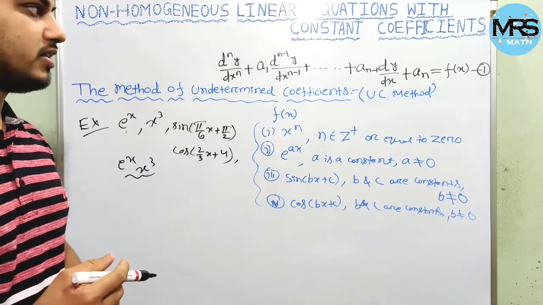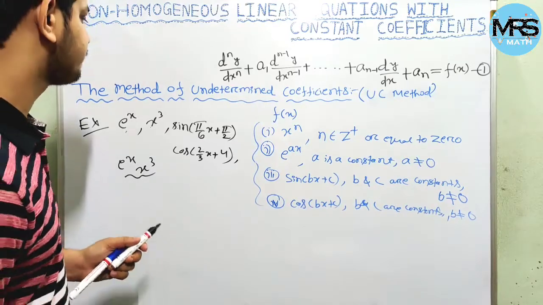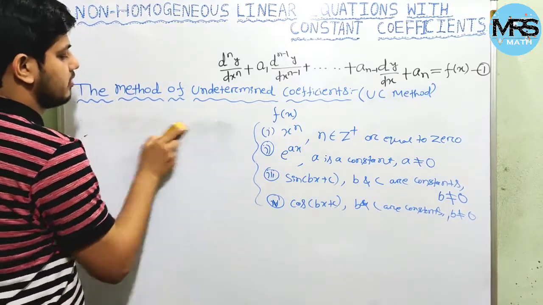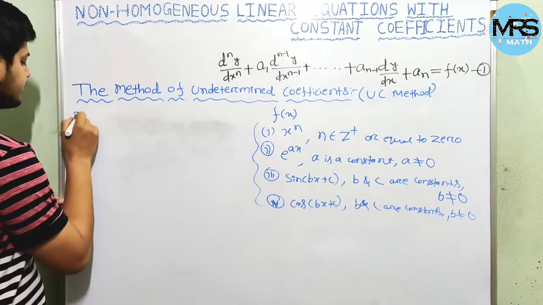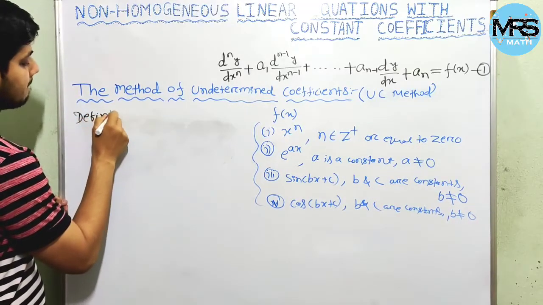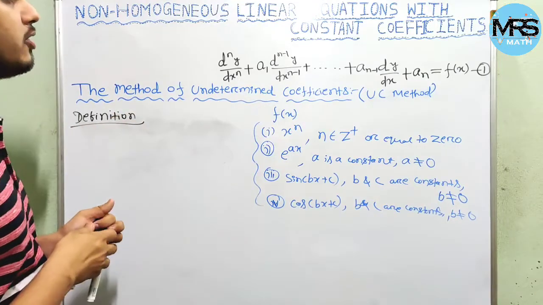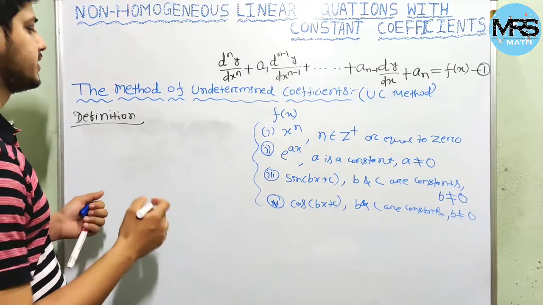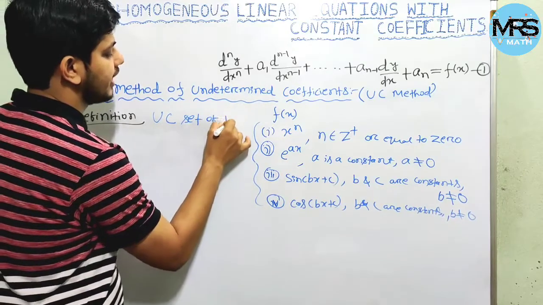Now we will proceed to another definition, which you can write down: the undetermined coefficient set of an undetermined coefficient function, or the UC set of f.